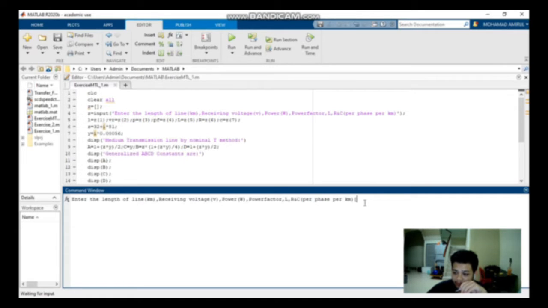The line length is 200, the receiving voltage is 1322, the power factor is 0.8, L is 0.00149, R is 81, and the last, C, is 0.